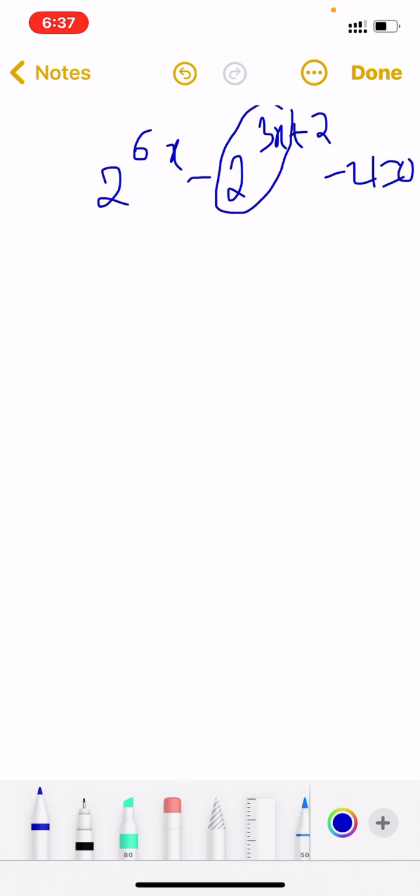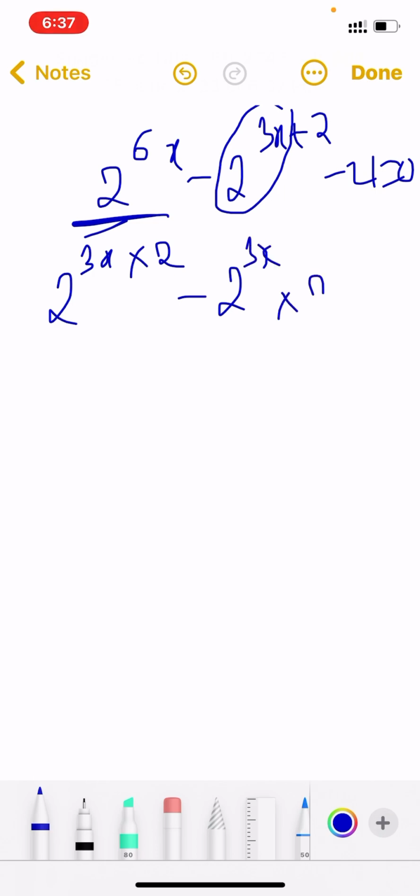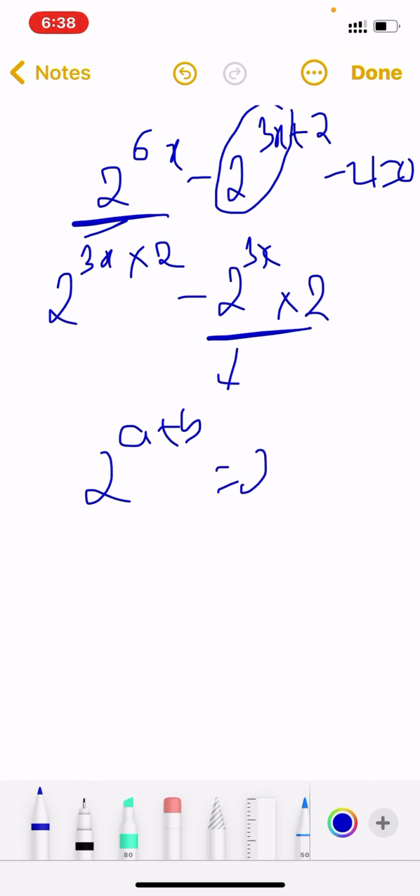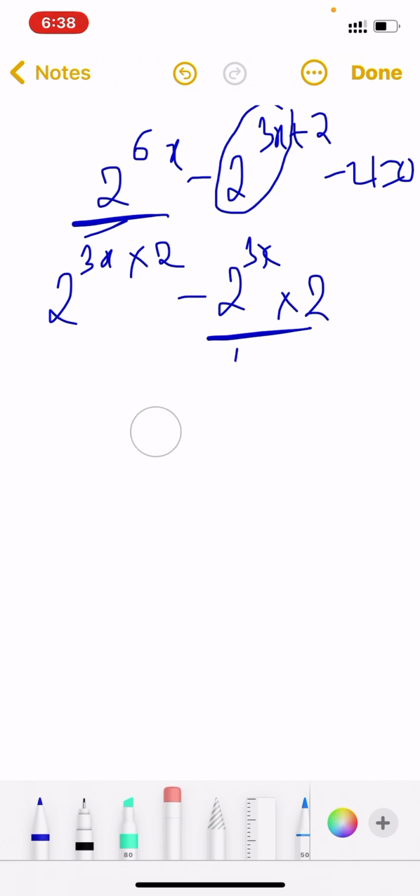Okay, so what you can do is you can write this as 2 to the power 3x into 2, minus 2 to the power 3x into 2, because I have used 2 to the power a plus b equals 2 to the power a into 2 to the power b. Okay, this is written like this, and minus 21 equals 0.